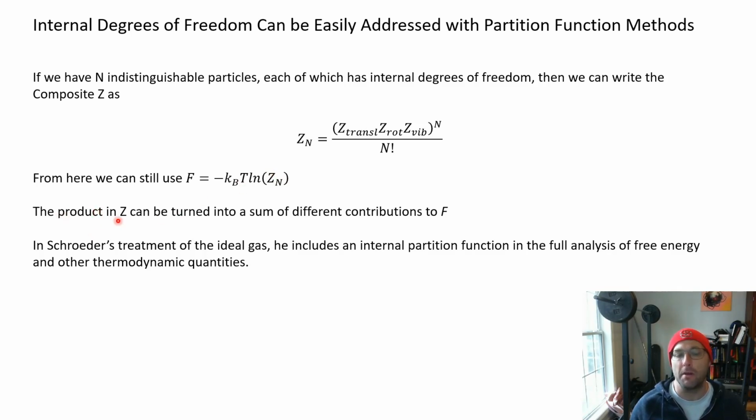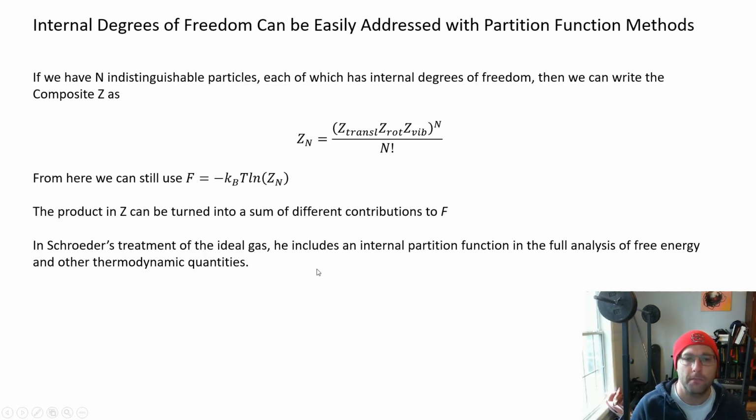So you're going to get a sum of contributions from each of the internal degrees of freedom contributing to the total free energy of the system. Schroeder carries along the internal free energy contributions inside of his analysis of the free energy of the ideal gas. So he doesn't specialize to a monatomic ideal gas when he does it, like we did in our last lecture. I think it was the last lecture. I've kind of lost track.